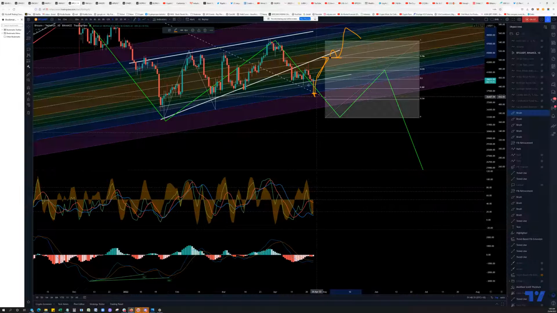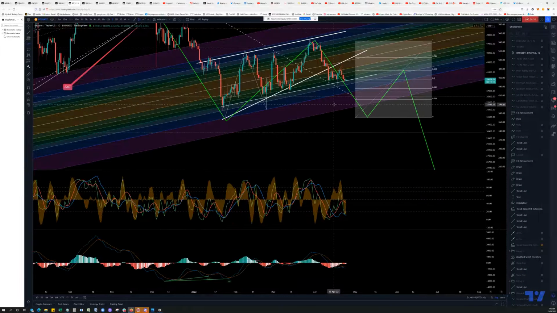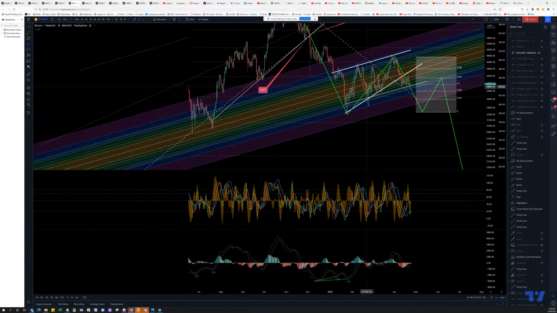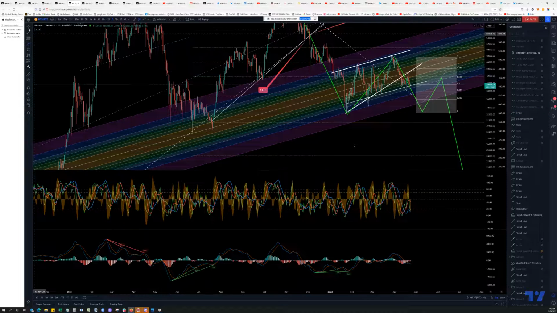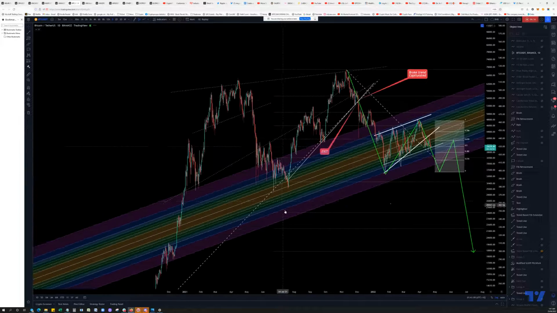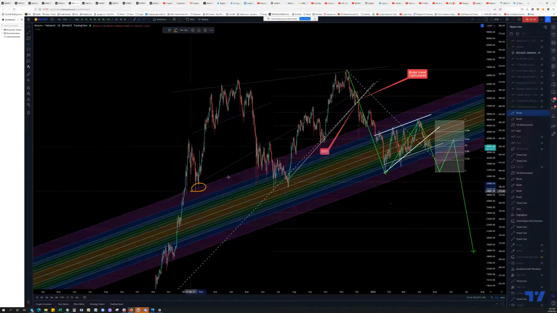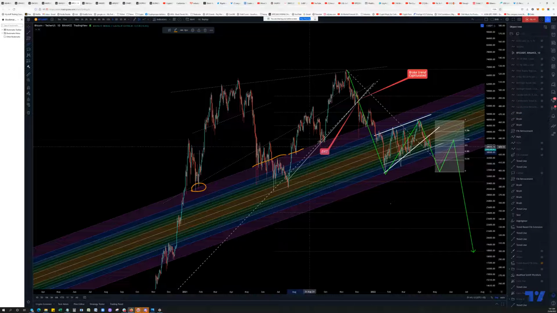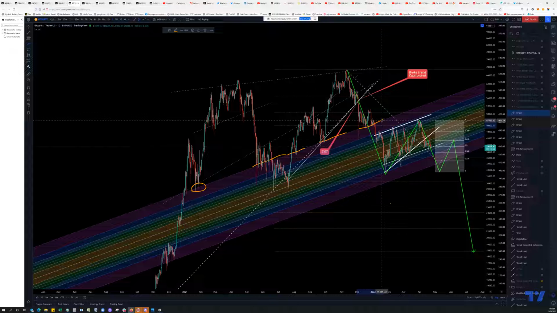That's a bullish version. But if this drops and there's no wick like this in the day, that's not going to be good. Now what I'm going to do is move across all the way to 2017, and you can see how this channel, seriously, has confluence, as all along here was support and resistance.